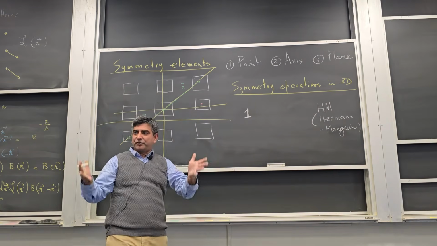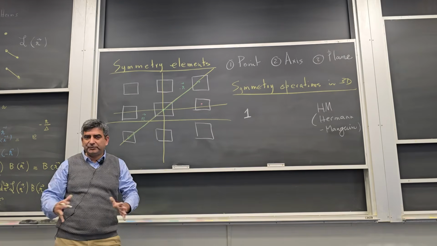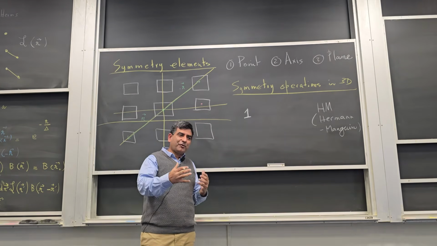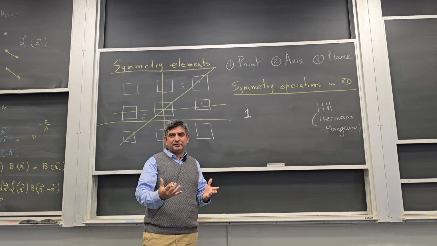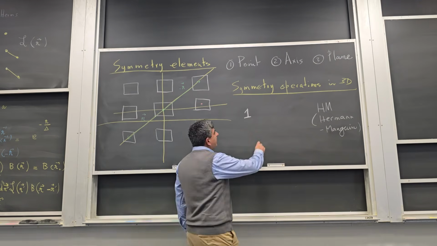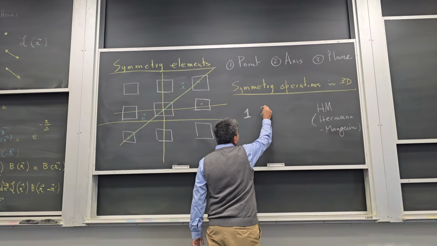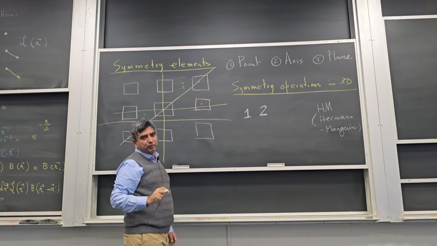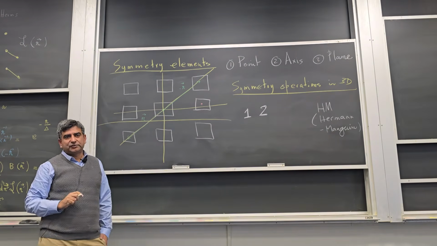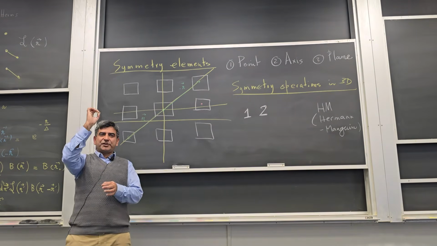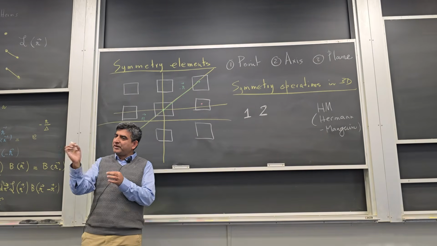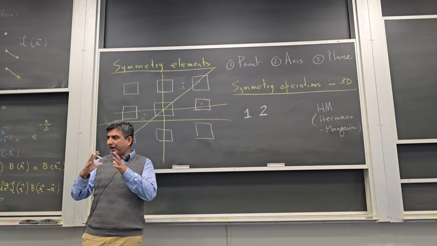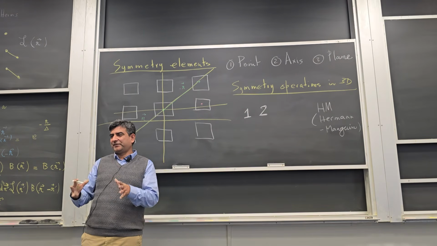So there is the one-fold rotation, which is just a trivial rotation. You can identify this as a point rotation or as an axis of rotation, doesn't matter. Then you have a two-fold rotation, and I'm putting these symmetry operations in slightly boldface. So you can have an axis of rotation about which a 180 degree rotation takes place, and the pattern or the lattice or the structure remains invariant.